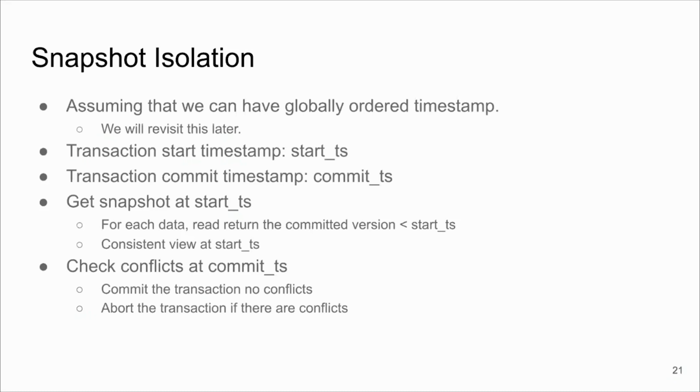But before a transaction can commit, it needs to check whether the data this transaction modified has been changed by other transactions, because we don't have a lock. So when one transaction is in progress, another transaction can modify the data as well. So we need a mechanism to reject transactions if there are conflicts.